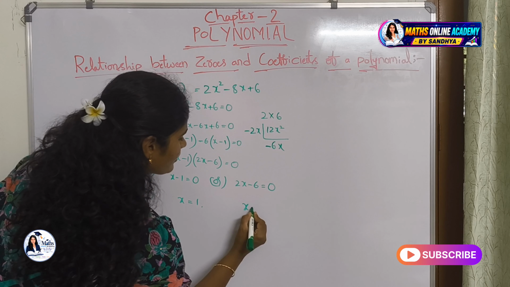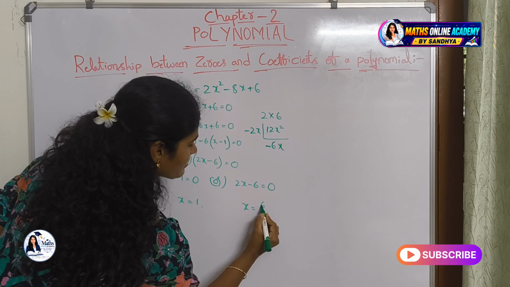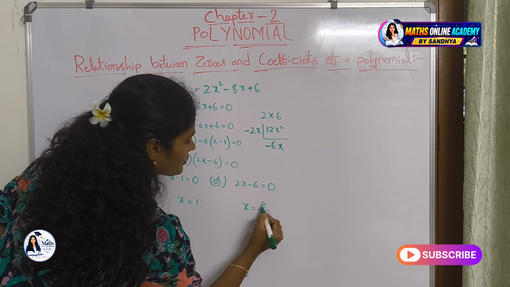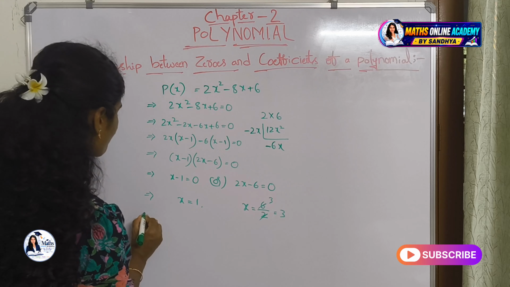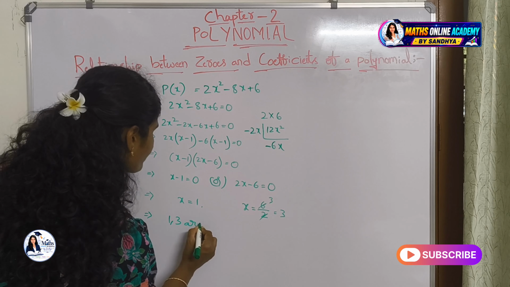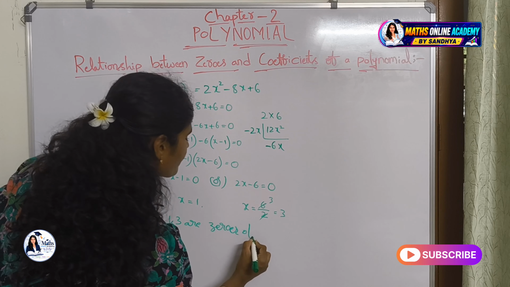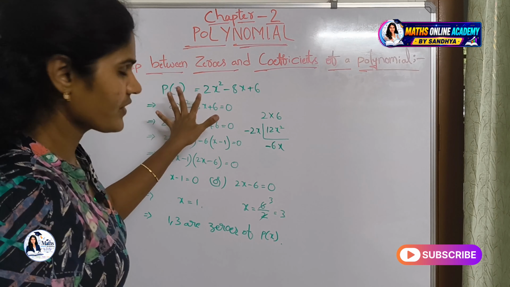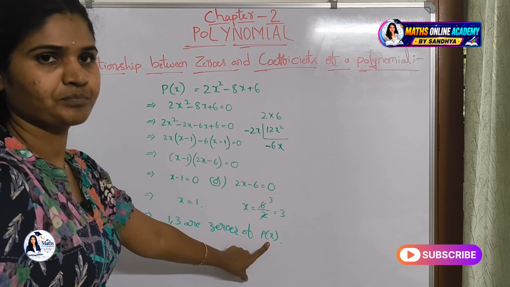And here is the x value: minus 6, if you take that side it will become 6, and here 2 is multiplying, it will become divide. 6 by 2 is 3. Here the x value is 3. So 1 and 3 are the zeros of the polynomial p of x. Yes, this is the polynomial p of x. So 1 and 3 are the zeros of p of x.